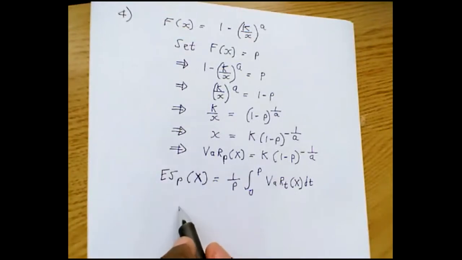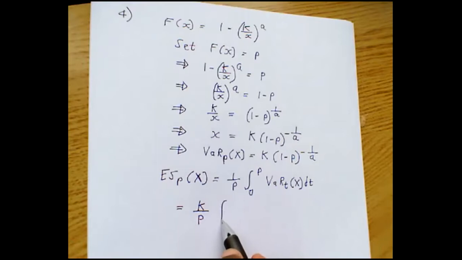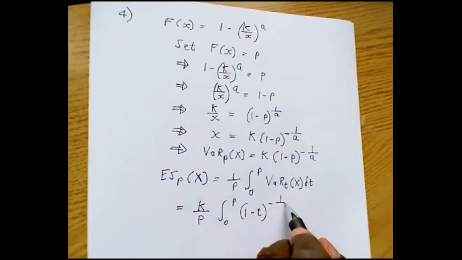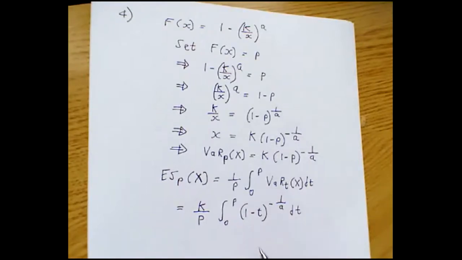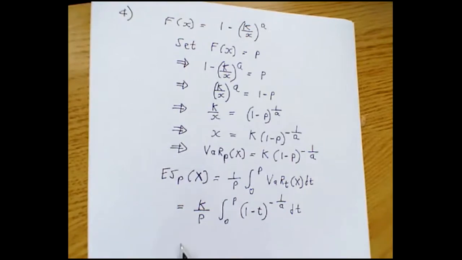You sub it in. K is a constant, you can pull it outside. So K divided by p times the integral from 0 to p of 1 minus t to the power minus 1 over a dt. Now the integral of this is not difficult.